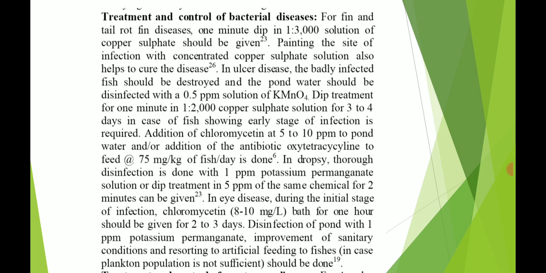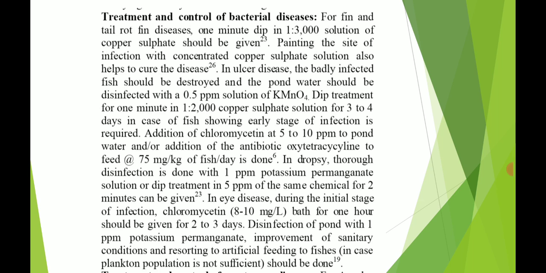In dropsy, thorough disinfection is done with 1 ppm potassium permanganate solution, or a dip treatment in 5 ppm of the same chemical for 2 minutes can be given. In eye diseases, during the initial stage of the infection, chloromycetin at 8 to 10 mg per liter, as a bath for 1 hour, should be given for 2 to 3 days.